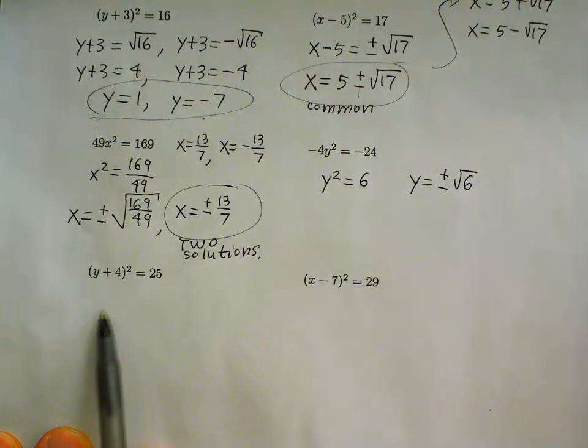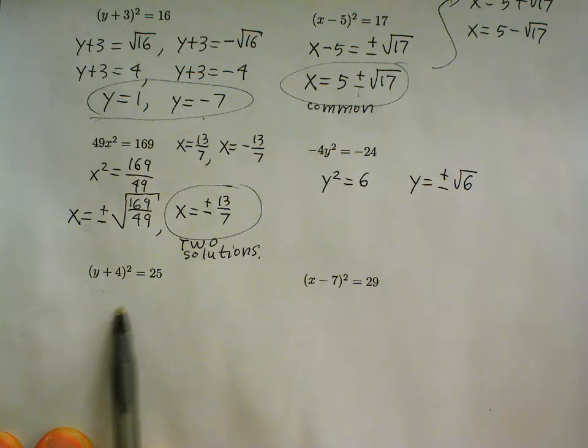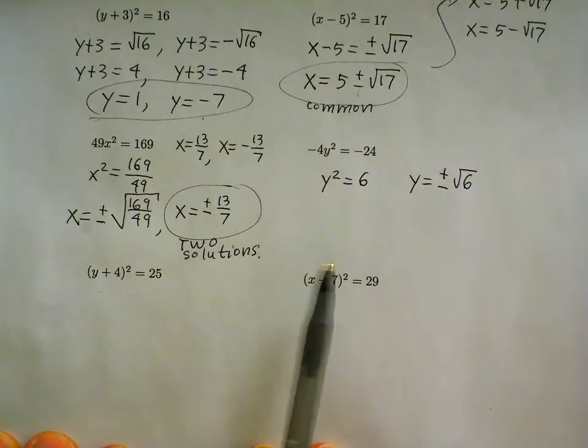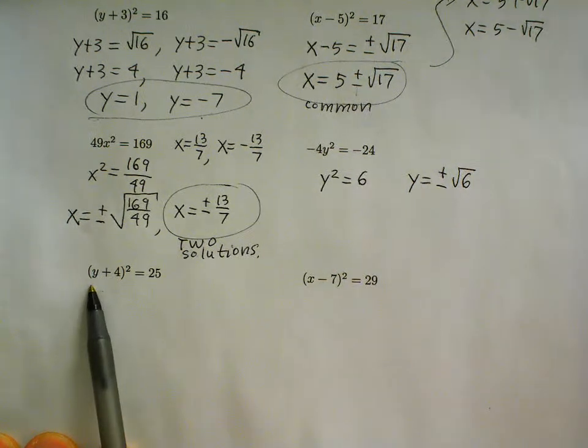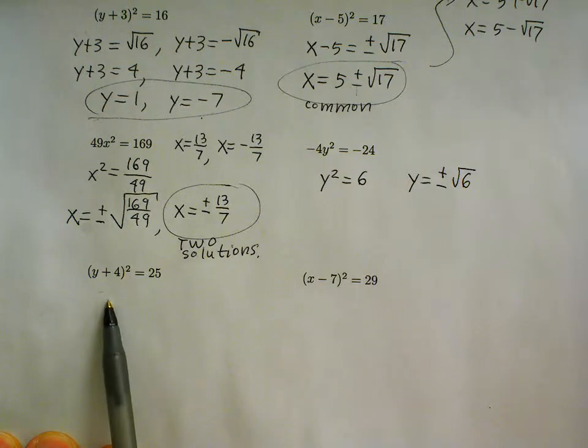Okay, this one, y plus 4 quantity squared equals 25. So this is similar to a previous example. First, we can apply the square root property right away.